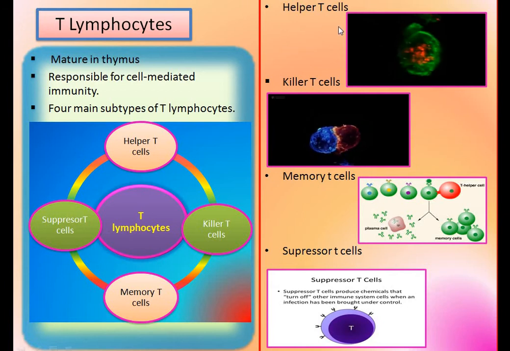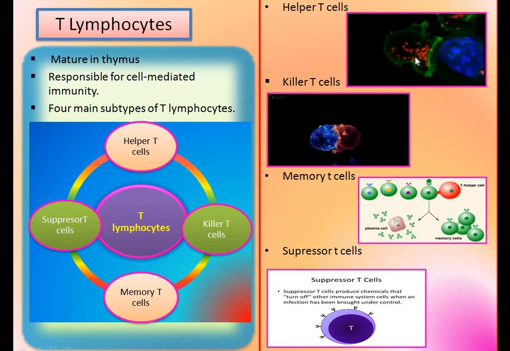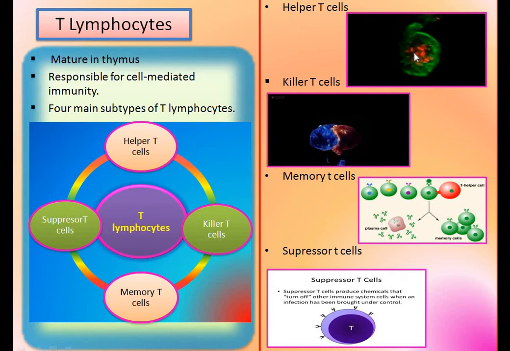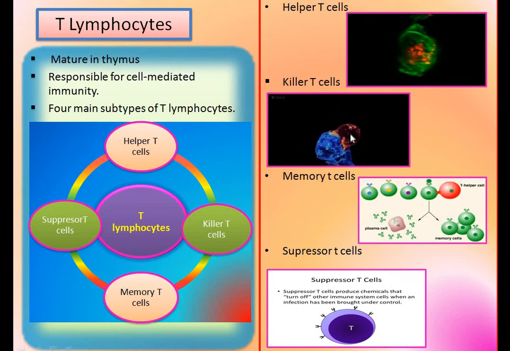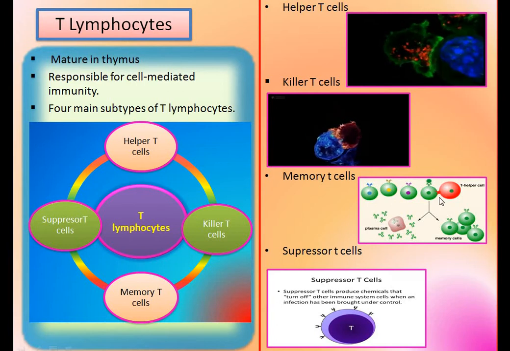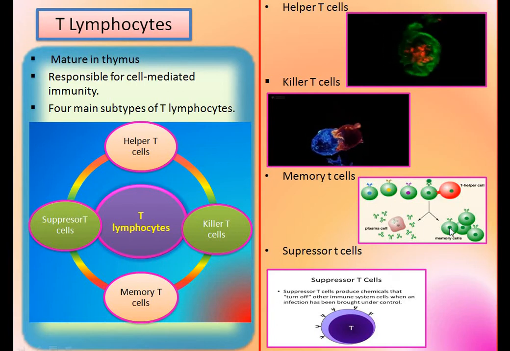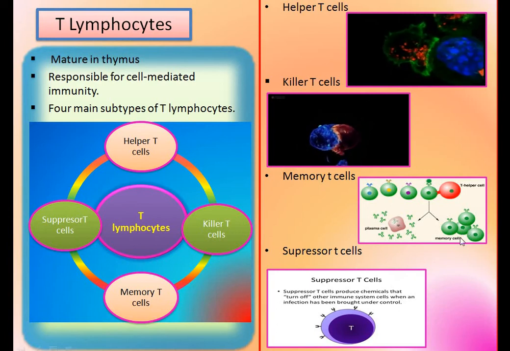The helper T cells help in the process of phagocytosis. The killer T cells kill pathogens, bacteria or viruses. This is the memory T cells, which are produced by the lymphocytes.